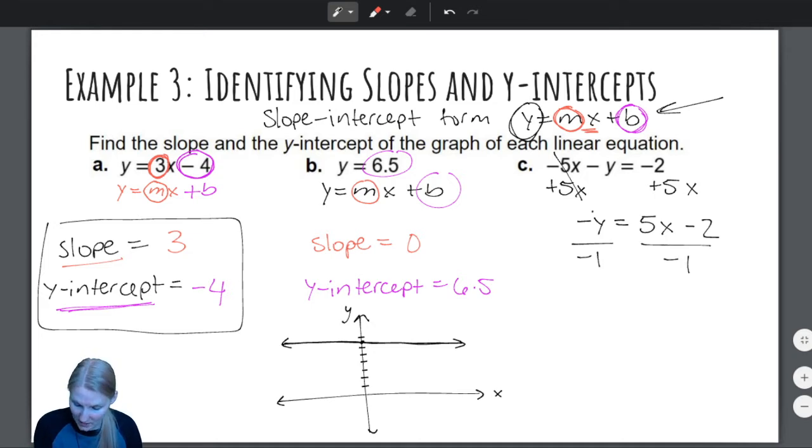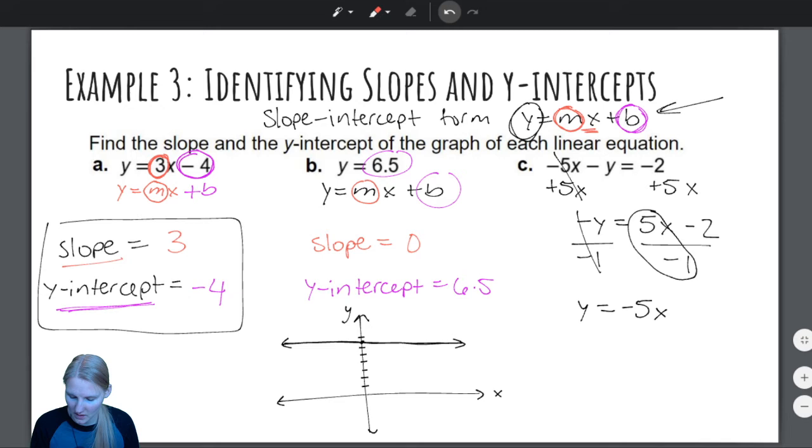Negative y is the same thing as negative 1 times y. So let's divide by negative 1 to get rid of the negative. And I have y equals 5 divided by negative 1. 5 divided by negative 1 is negative 5x. And negative 2 divided by negative 1 is positive 2.